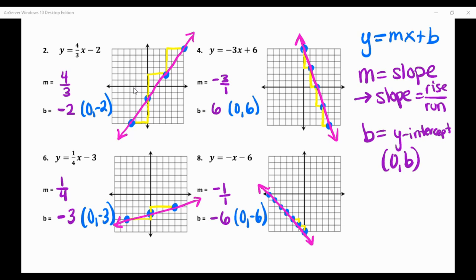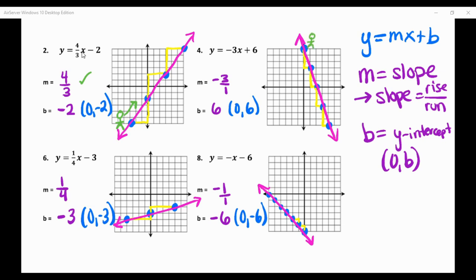Once you have finished graphing a line, you want to make sure that the line you graphed has the correct sign slope. So number 2 is an increasing line, and in fact the slope was positive. You can also use a little man on the far left side. If he has to climb, that means that the line you graphed is positive, and the slope for number 2 is positive.